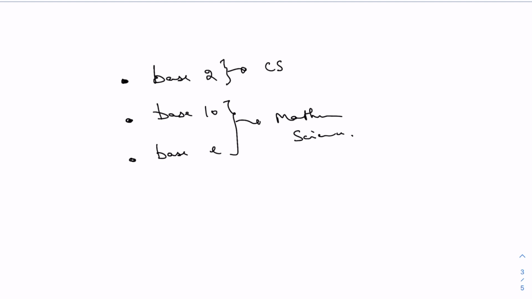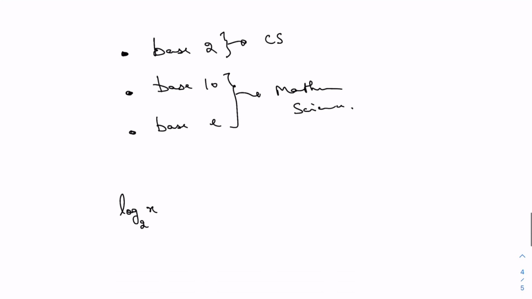So the first thing is how do we write them? The nomenclature. Well, for base 2 it's pretty straightforward. We just write log x base 2. And for base 10, again proper notation should be this, but since it's very commonly used, we can also write it like this.